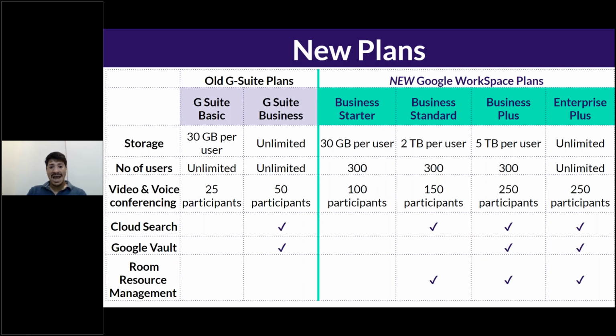G Suite Basic and Business Starter are very similar, so you could say that G Suite Basic is just rebranded to Business Starter, whereas G Suite Business has been split into Business Standard and Business Plus, as you can see. And the additional fourth plan, Enterprise Plus, is focused on large businesses that do not have any limitations on storage, number of users, or the voice or conferencing resources that they might require.